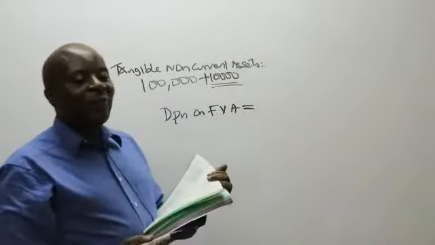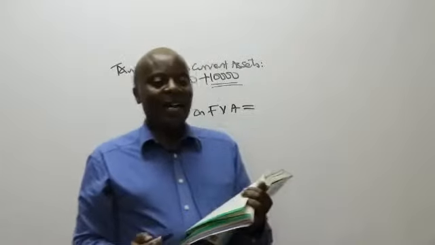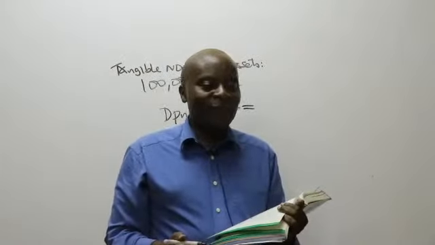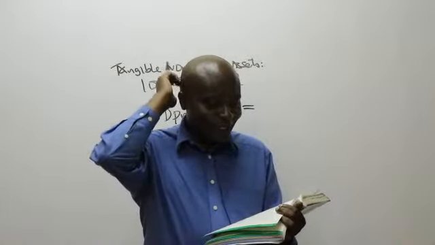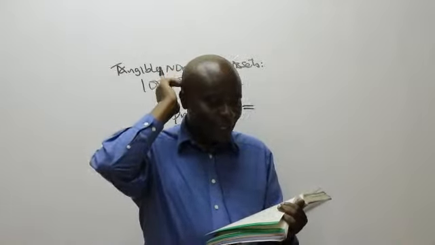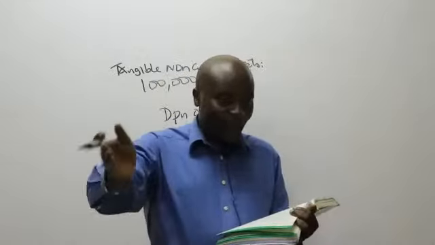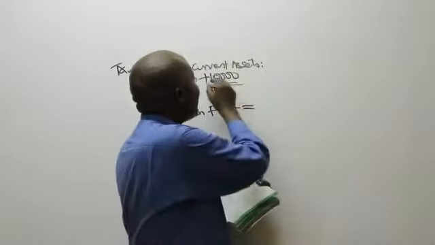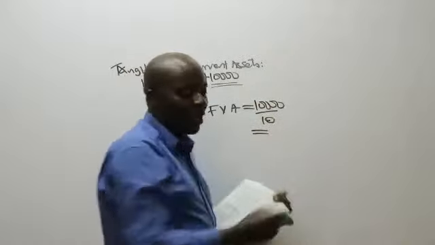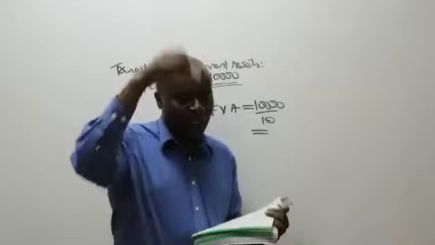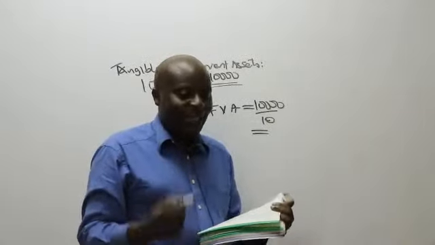Are you able to see the remaining useful life? Yes, 10 years. Remember, ours is straight line depreciation. So I take the 10,000 and divide by 10 years, which gives 1,000.